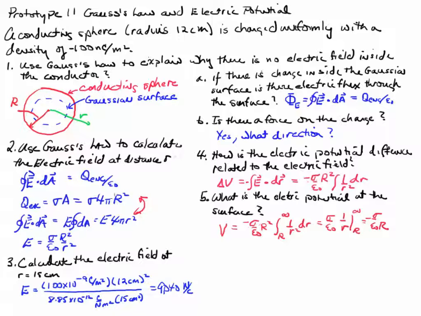So we take minus the surface charge density over epsilon naught times R squared, the radius of the sphere, integrated from R to infinity of 1 over r squared dr. And we have our answer, minus sigma over epsilon naught times R. That's what it should be since I know I'm dealing with a negative charge. We can get a numerical answer by plugging in the values: it is minus 942 kilovolts.